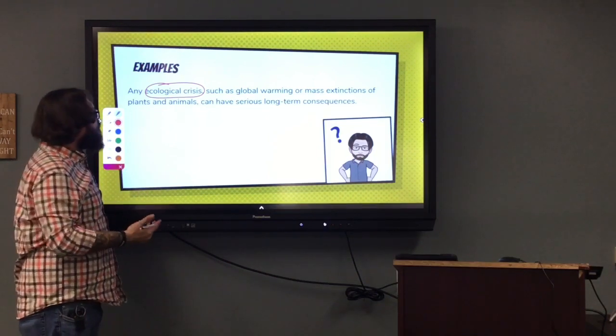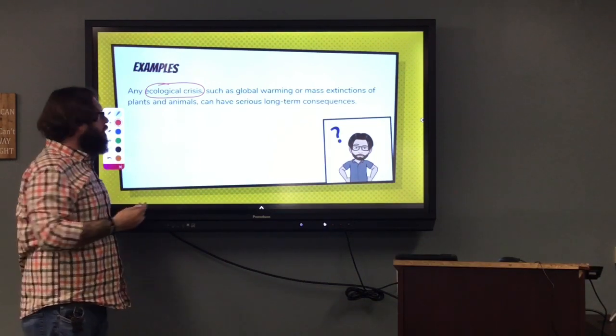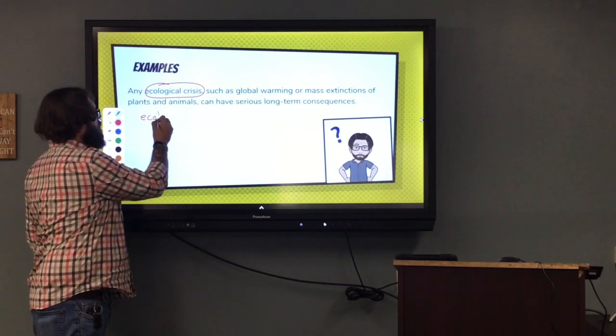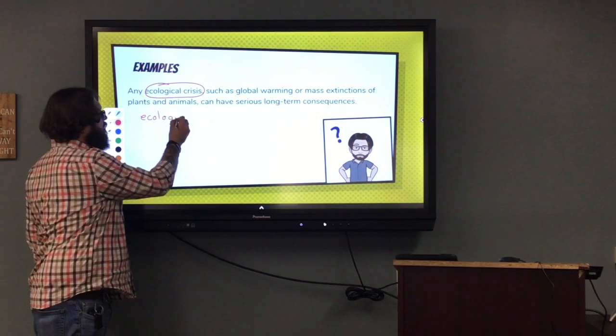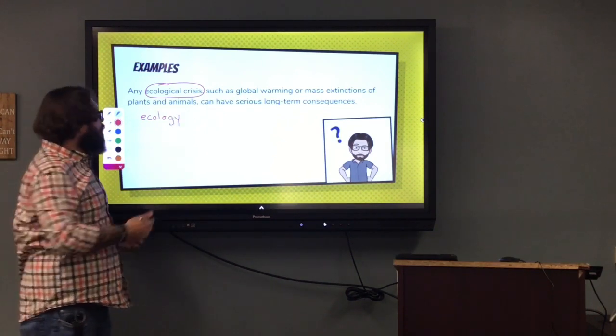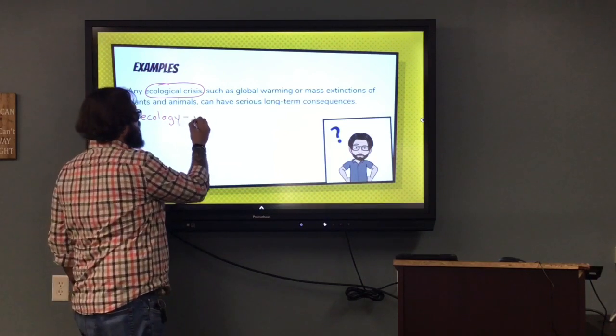Well, we can start by looking at the word itself. So ecological deals with ecology, which deals with plants, animals, and environments.